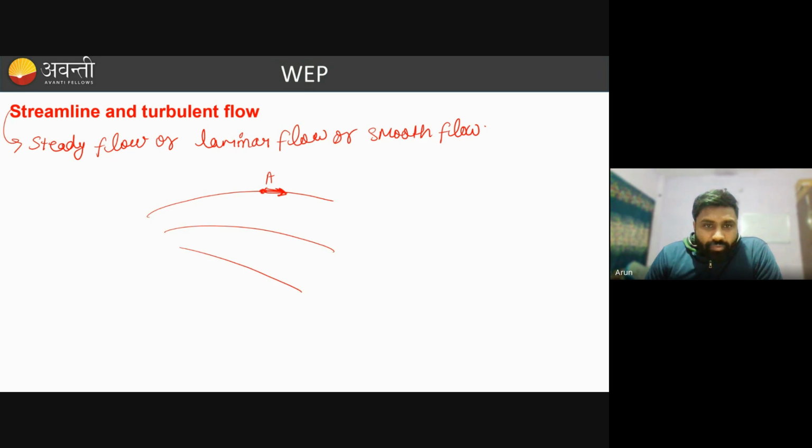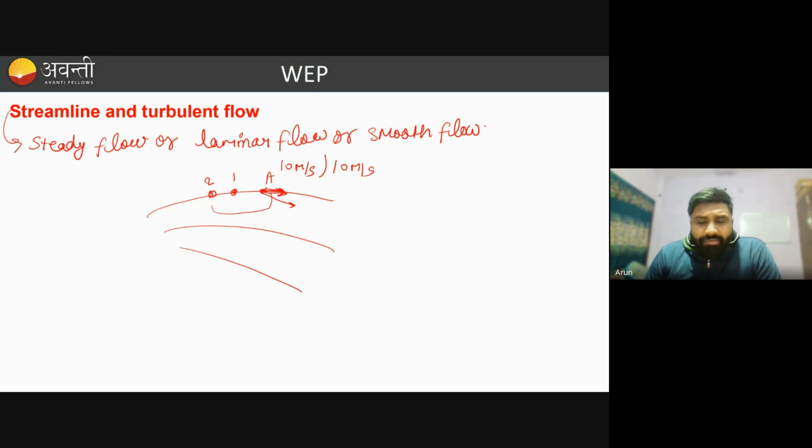If I take two particles here, particle 1 and particle 2, when particle 1 reaches point A, let's say it has a velocity of 10 meter per second. If this flow is streamlined, particle 2 crossing this point in the same manner will also have a velocity of 10 meter per second.